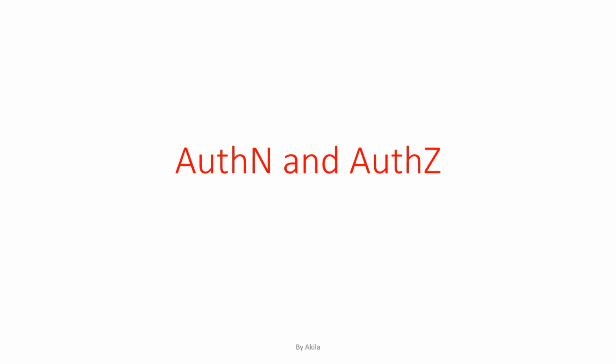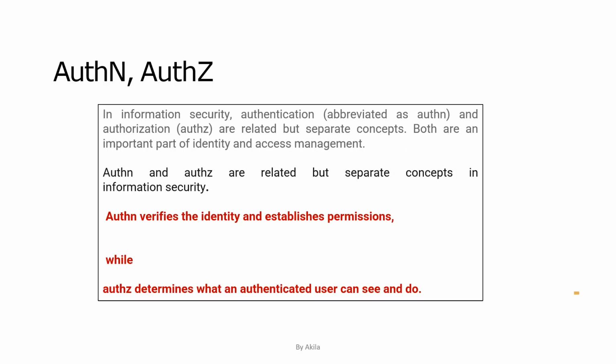Now already we have seen about authentication, authn. Generally in Oracle Cloud we will say authentication as authn, authorization as authz. So in information security, authentication is abbreviated as authn and authorization as authz. These look together as the same content, but they are separate concepts.